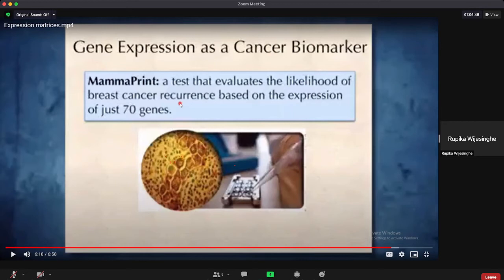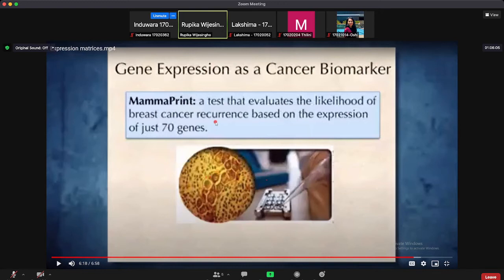For MODY, this type of diabetes, there is no genetic test available. There is one in the West, but you know that in Asia the disease is different.